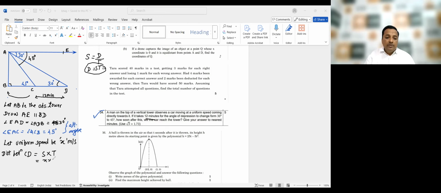Speed is x, time is 12. So that one is 12x meter. कितना आया, 12x मीटर डिस्टेंस है CD. ओके, यहां तक समझ में आया एवरीवन? Yes, ओके, sir. इंटरेस्टिंग क्वेश्चन है.